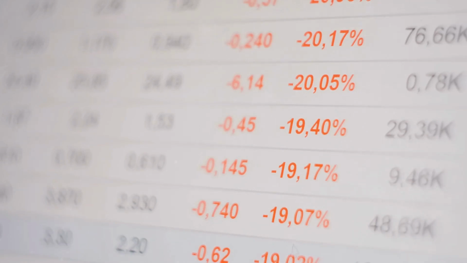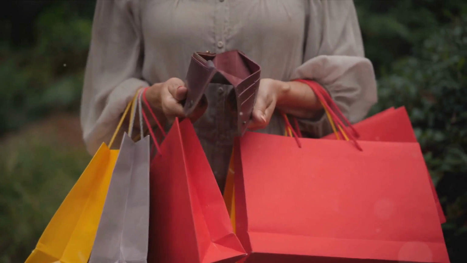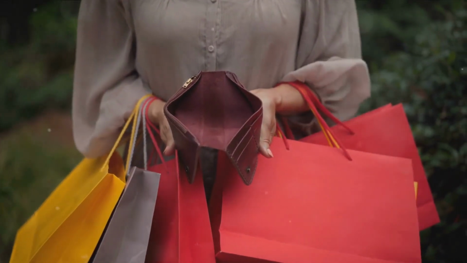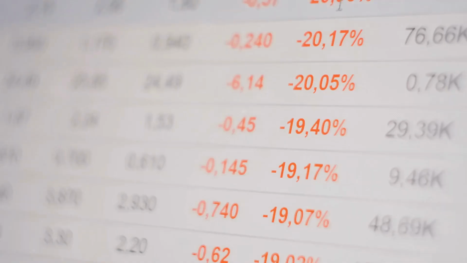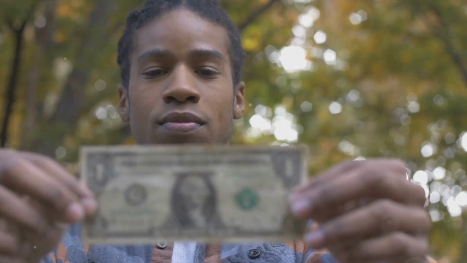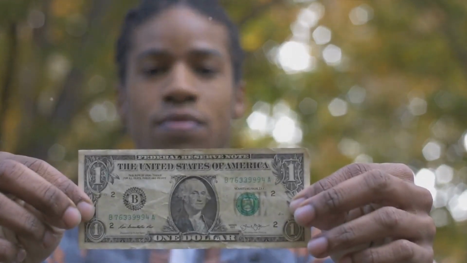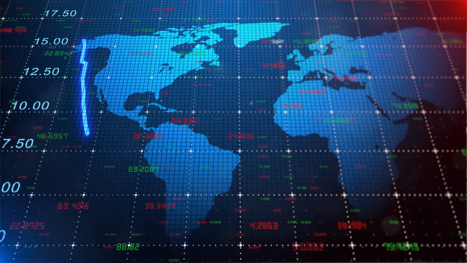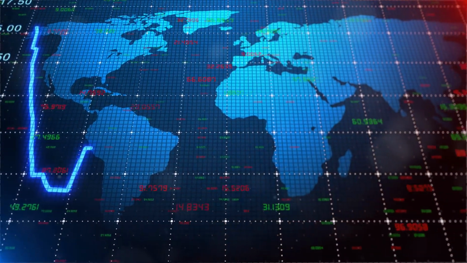These financial crises have far-reaching effects on the economy. They erode consumer and business confidence, leading to decreased spending and investment. This, in turn, leads to a decrease in demand for goods and services, further exacerbating the economic downturn. Moreover, in the aftermath of a financial crisis, banks often become more cautious about lending, which can stifle economic growth.